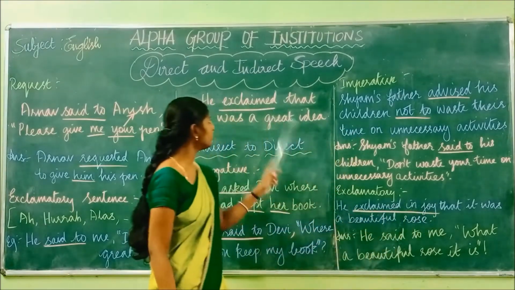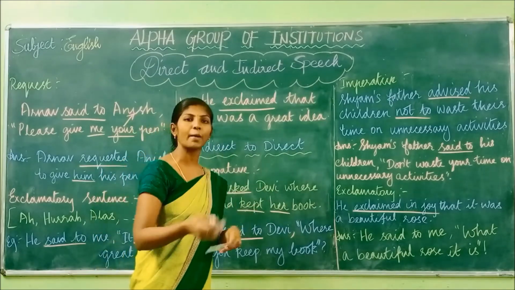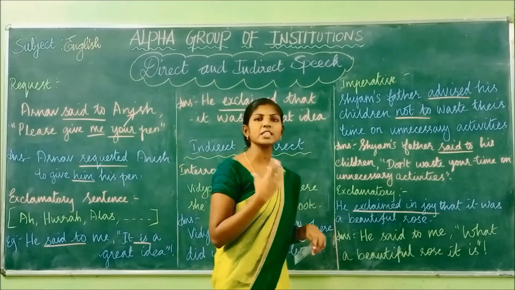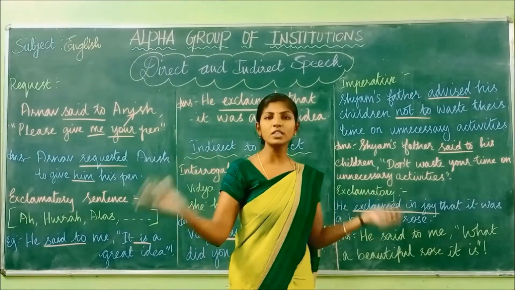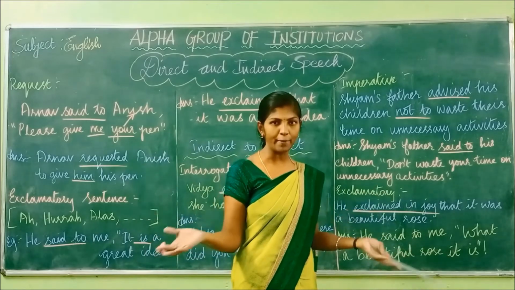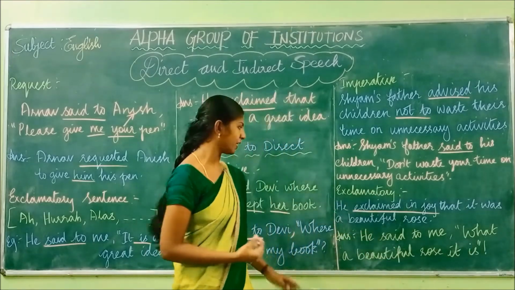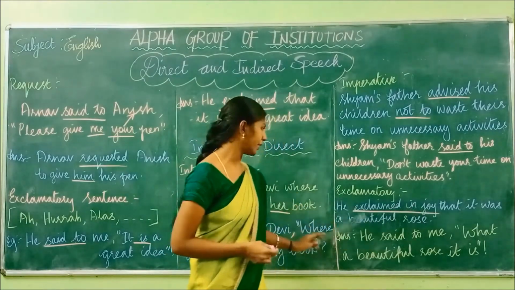I have mentioned only exclaimed here. If it is a happy mode, you can write exclaimed in joy too, just to express how happy you are. I am overjoyed. So he exclaimed in joy, which means that he is overjoyed.